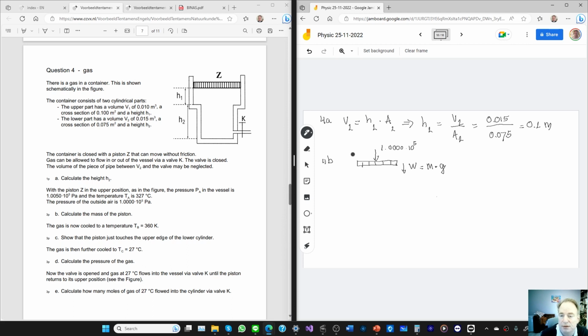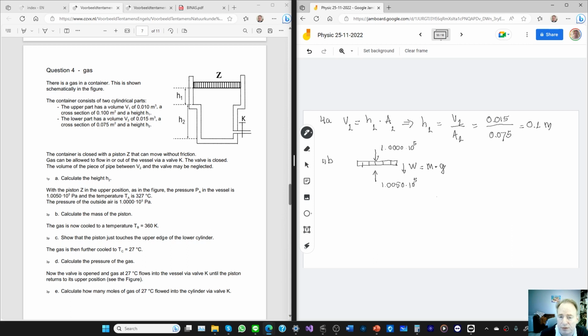And then this all is countered by the pressure of what is actually inside the gas in the container, which is given here, 1.0050 times 10 to the power 5. And we should say the pressure, which is actually the weight per unit area.